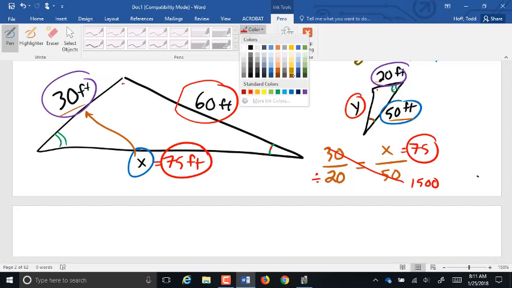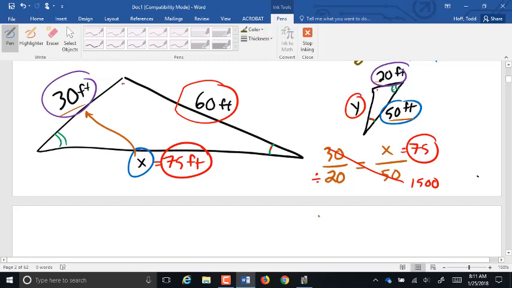Same process will get us Y. 30 over 20, does Y go on top or bottom? It is from the same triangle as the 20, so yes, it goes on bottom. What goes above it? Corresponding side from the other triangle is 60.